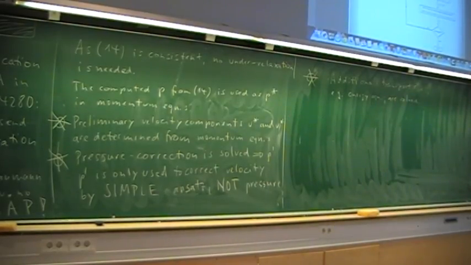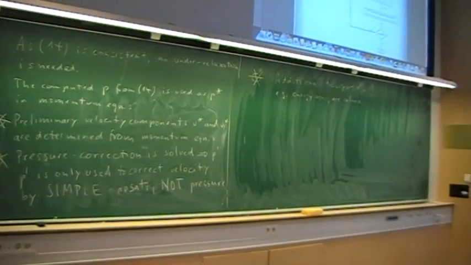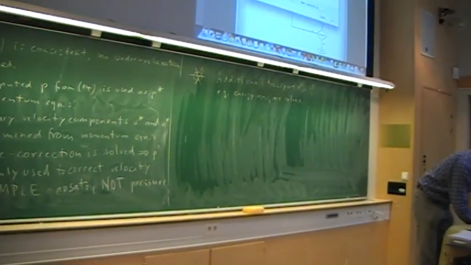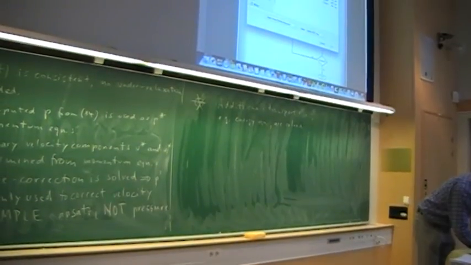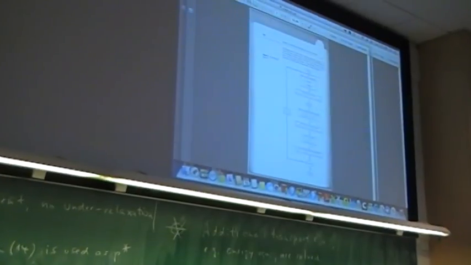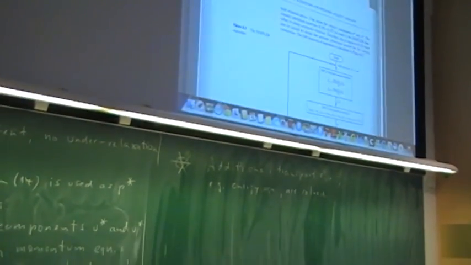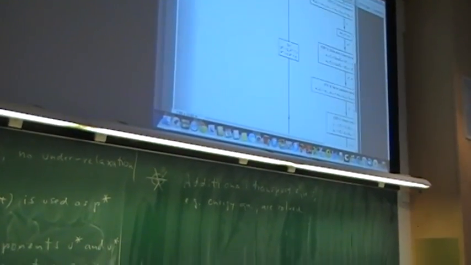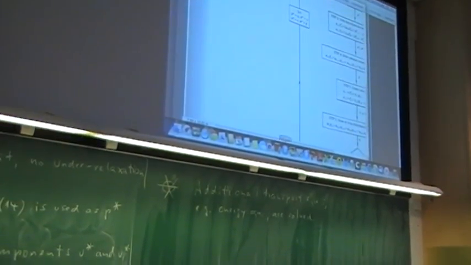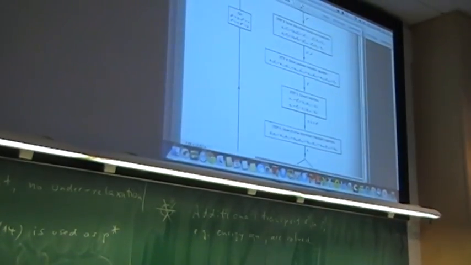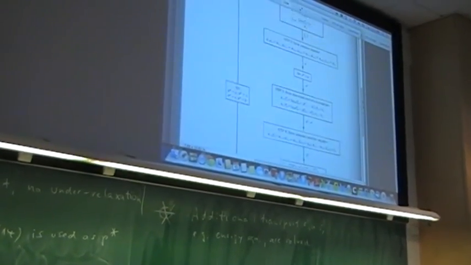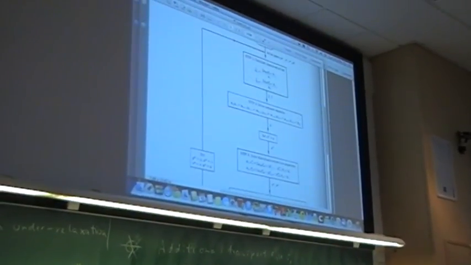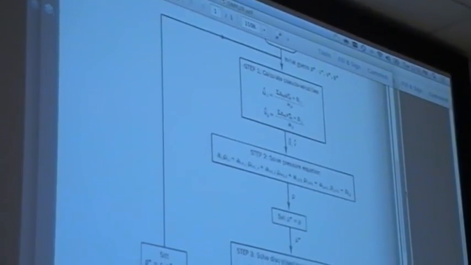If we look at that in a graph, we have the SIMPLER here. Start from the top. The first thing is to get the pseudo velocities, and that is not so much work.